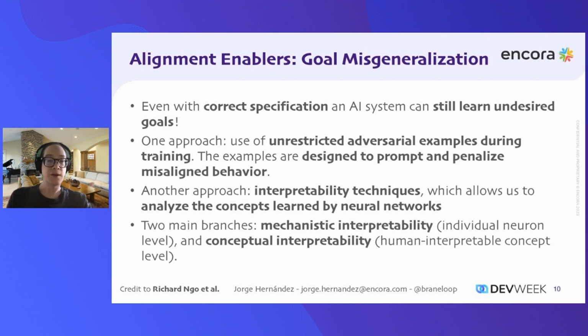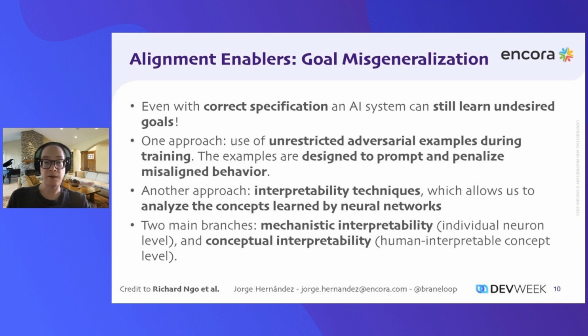Another approach, and this is one I'll dive deeper into later on in the talk, are what are called interpretability techniques. Those techniques allow us to analyze the actual concepts being learned by the neural networks. And there are two main branches.